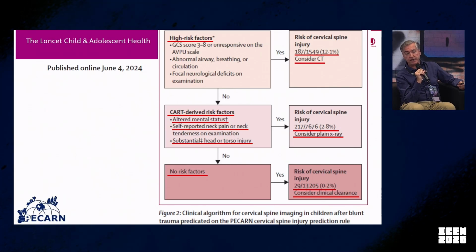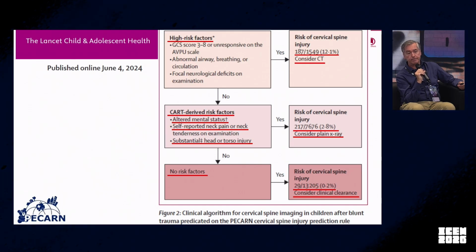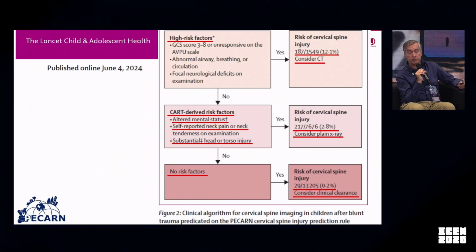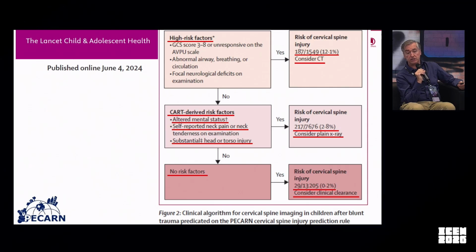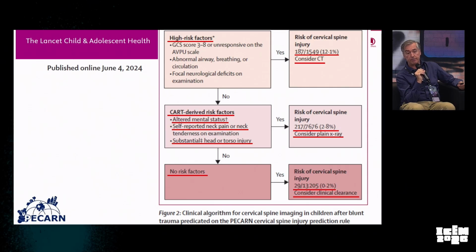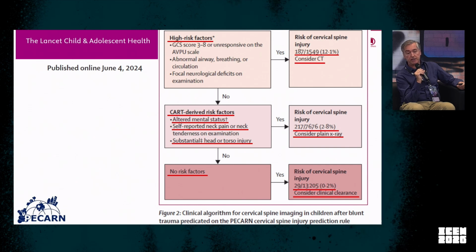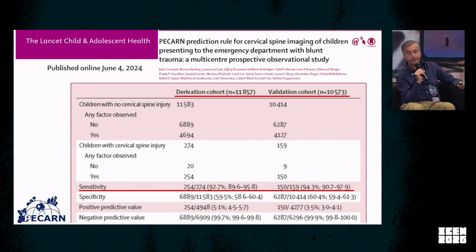And their recommendation was, because of that high risk, to consider a CT scan. The other risk factors would lead to a risk of cervical spine injury of about 3%. And their suggestion was to consider a plain X-ray at that point. And if there were no risk factors, the risk of cervical spine injury was 0.2%, and these patients could be considered for clinical clearance.